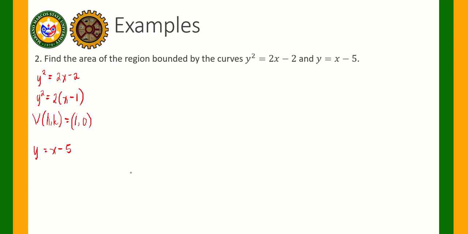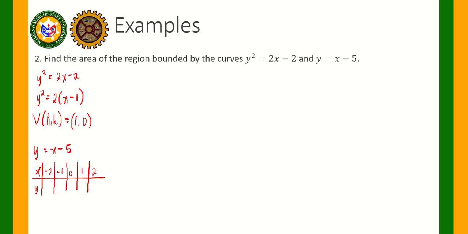Okay, so since hindi siya nagma-match sa format ng ating equations for parabola, we can try si graphical method since linear lang siya. Okay, so let's assume values for x. Let's start at negative 2. Tapos negative 1 and then 0, 1 and 2.